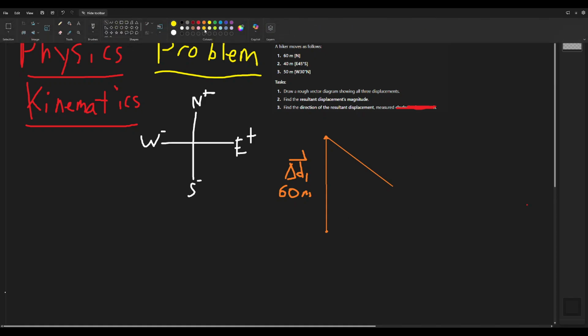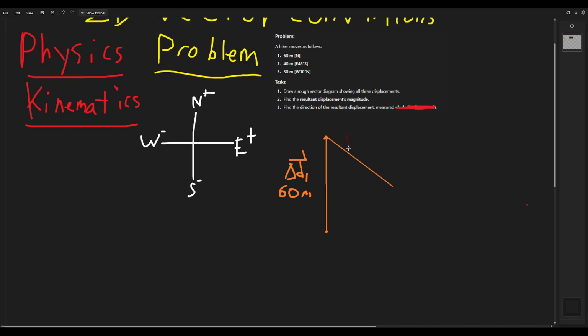And now we can label the angle as 45 degrees. And what I like to do is also draw some dotted lines here to create this triangle, just so later we can break these into x and y components.